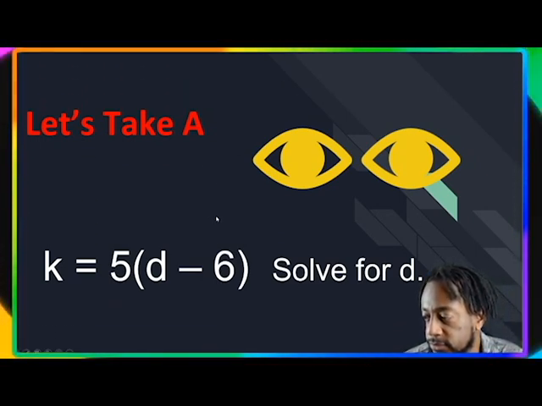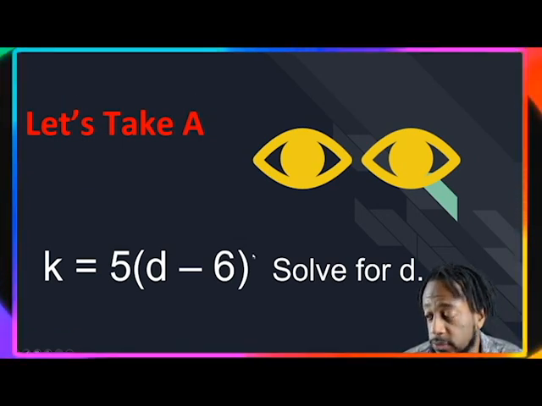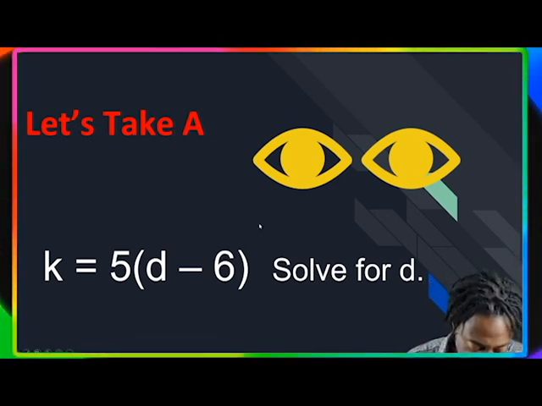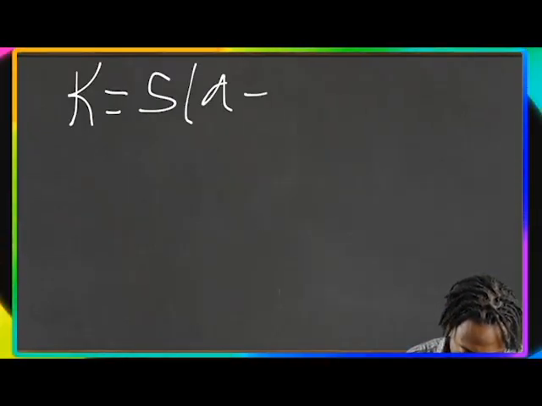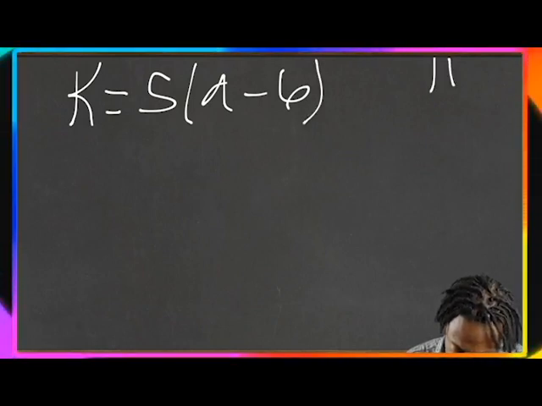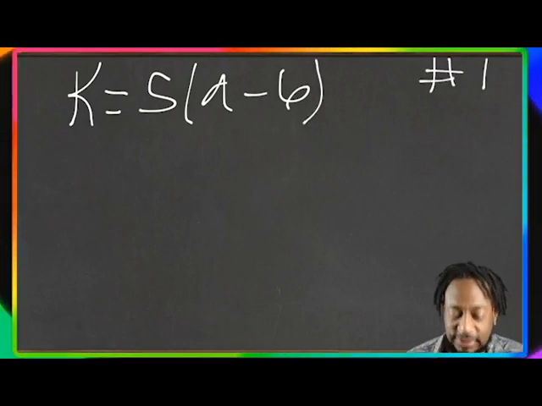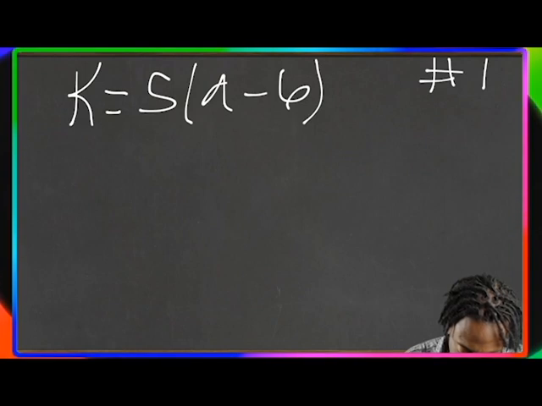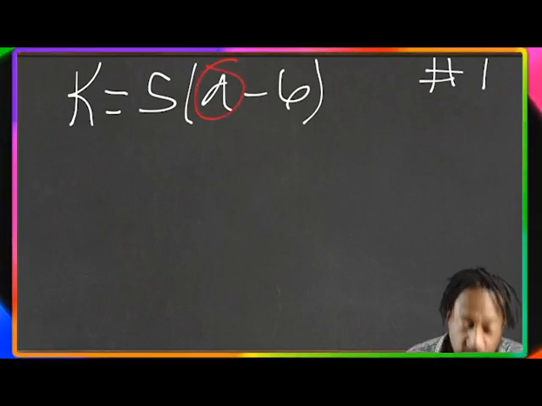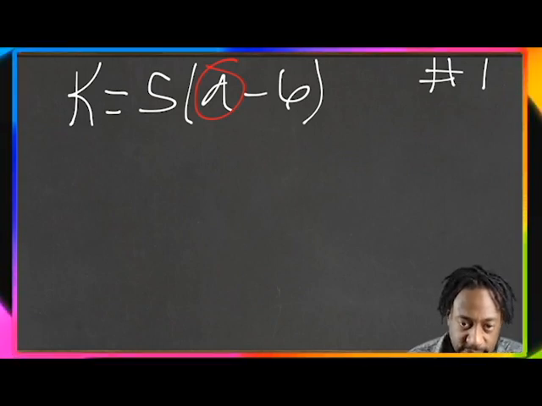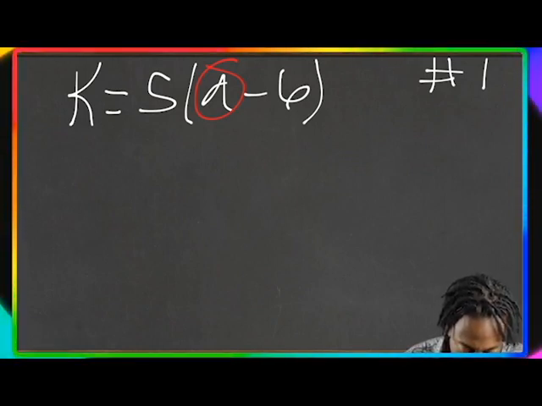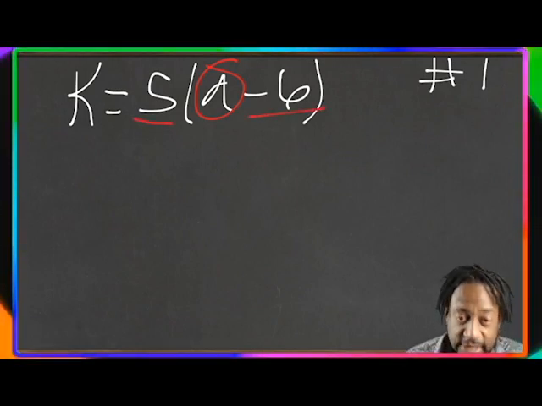First method. And we're solving for D. Let's not forget that this time. Okay? K is equal to 5 times D minus 6. This is method 1. We'll put number 1 on this one. Now, let's change the color here. We're going to solve for D. So we need to get rid of the 5 and this -6.